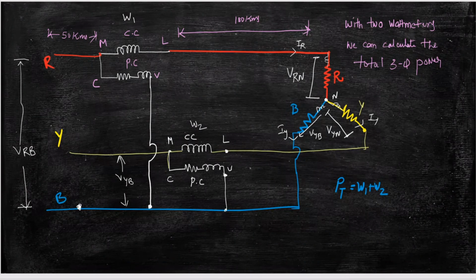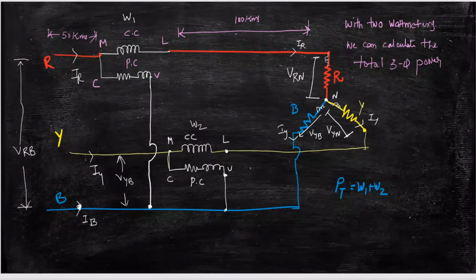Okay, but it is not the neutral. Some current is flowing in this IB also, and here IY, here IR. These currents are flowing, but what we have done is simply connected the V to this B phase and here the W to this B phase.